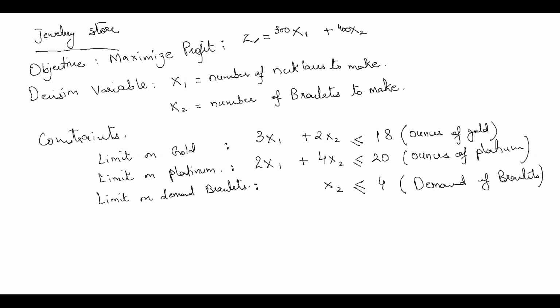So we cannot make 5 and 5. For example, if I put 5 necklaces and 5 bracelets, I would be at 15 into 2, or with 5 and 10, it will be 25. We cannot go like that. We cannot make 5 and 5. We have to decrease it. We have to be under. If I go 4 and 4 or 2 and 2, it will be less, so I'm underutilizing my 20 ounces of platinum.